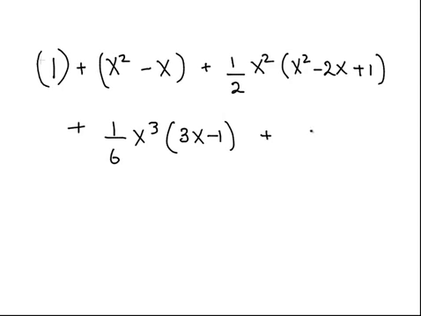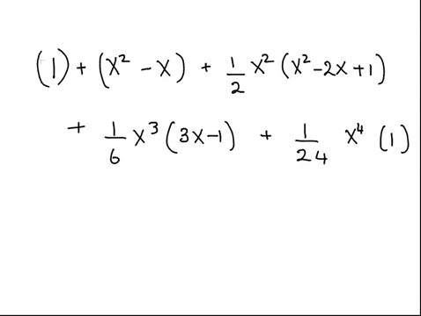And then the fourth term is 1/24 x to the power of 4 times 1. Okay, and after that we're not including any more terms. Well, we could, but we'll just put a little ellipsis just to say that there are other terms not included.